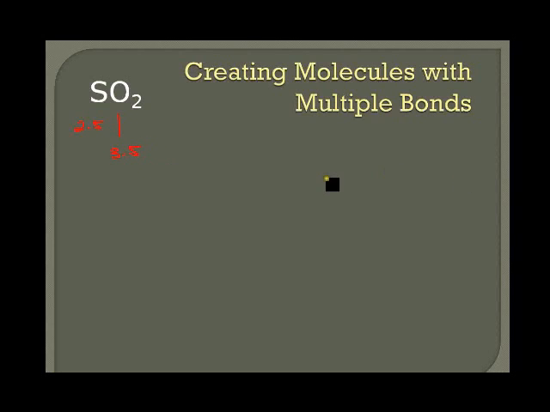Since sulfur is the lower electronegative, it's the central atom, and the oxygens are the terminal atoms. For the total number of valence electrons, we have 2 oxygen atoms that have 6, and a sulfur atom that also has 6. That means we have 18 valence electrons total.